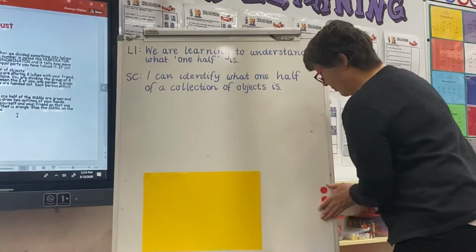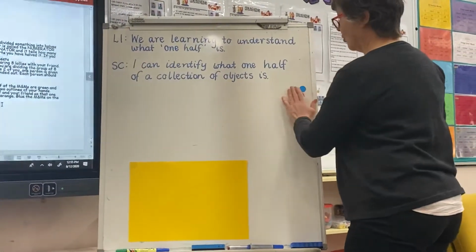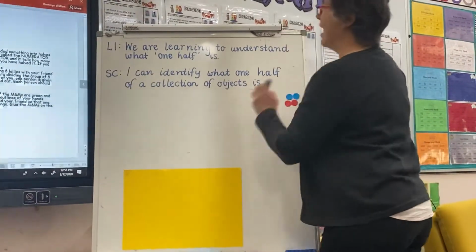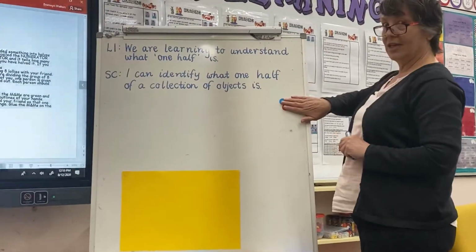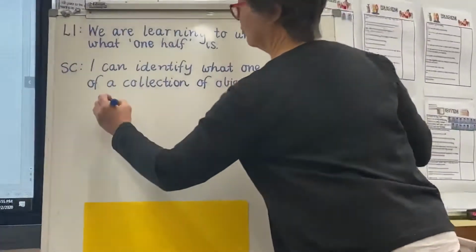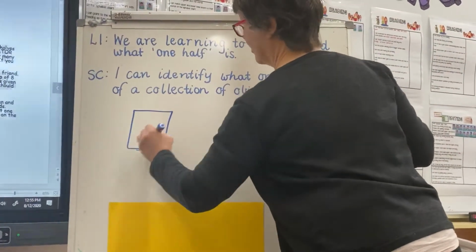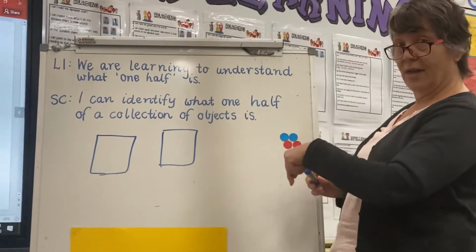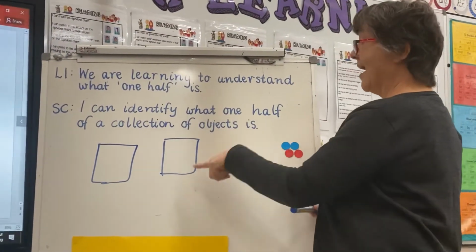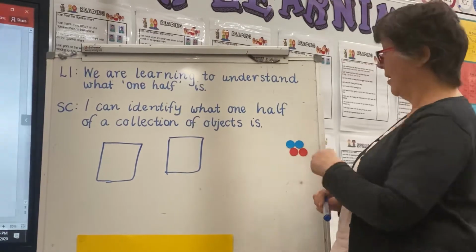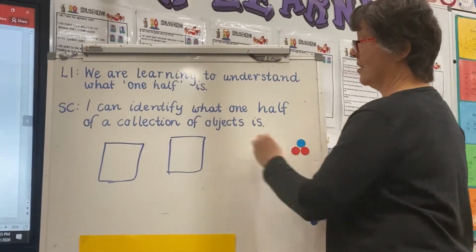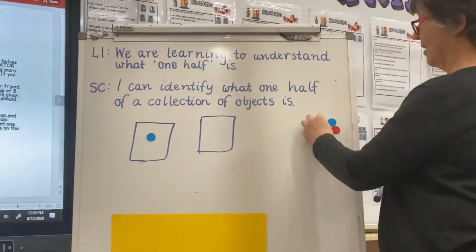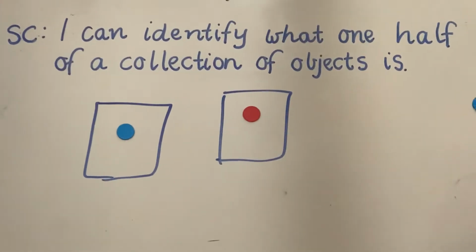So for example, if we have 4 objects and we want to halve that collection of 4, I might just draw 2 squares, and then I need to divide those objects out one at a time into each square. So 1 for this square, 1 for this square.